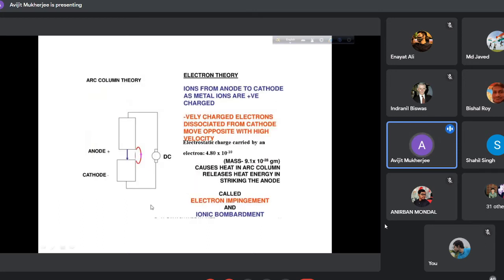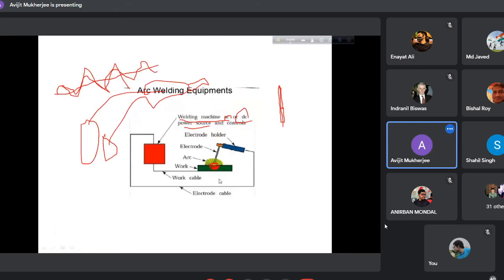Now, the question is how, as in the previous slide, we are observing some arc. As soon as these two, the work and the electrode, are struck and immediately separated by a small distance, an air gap.